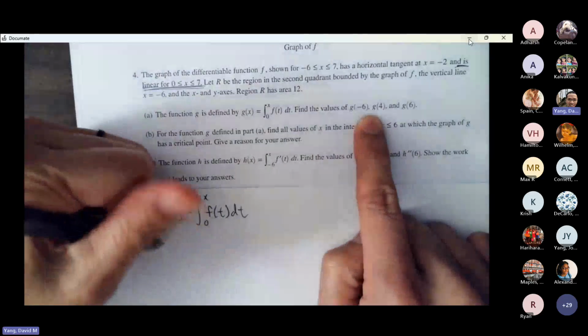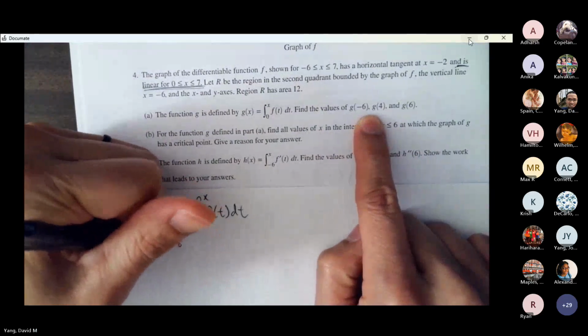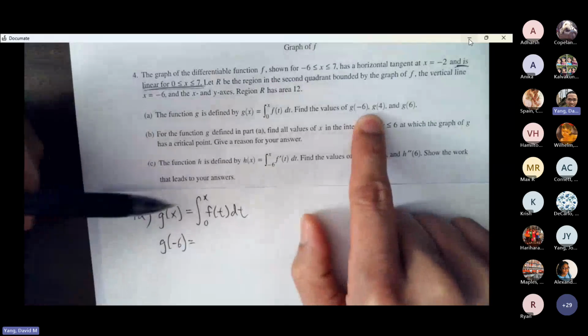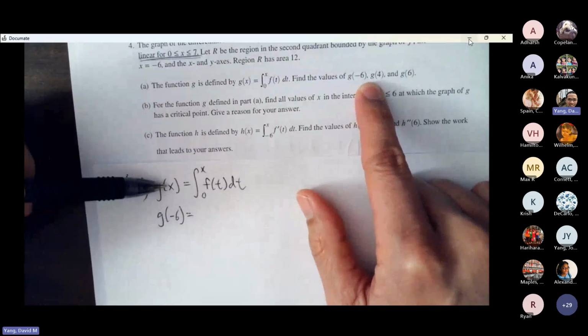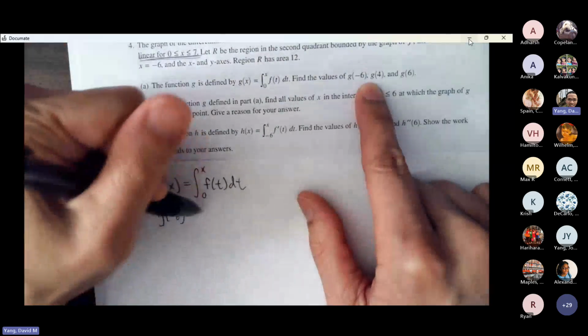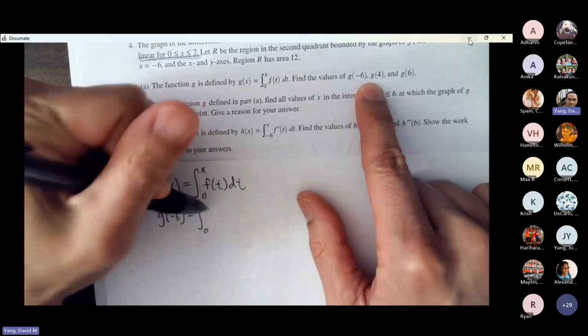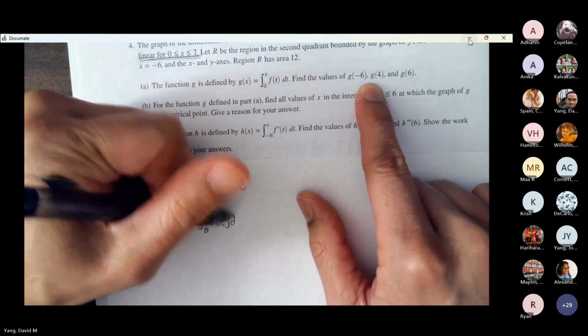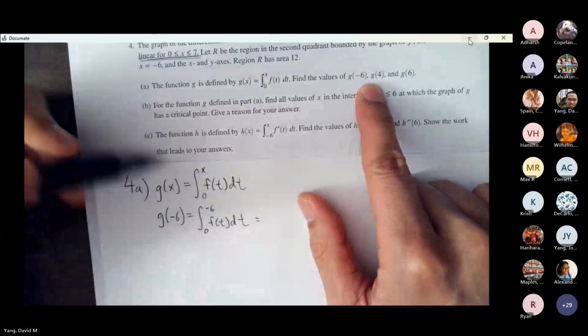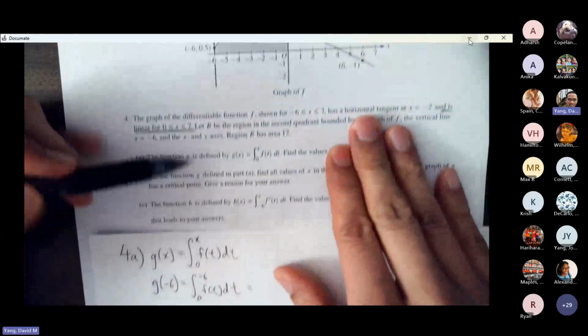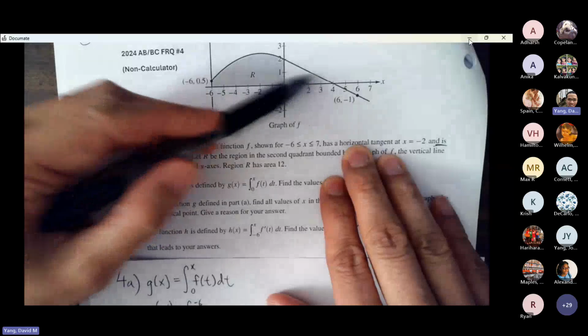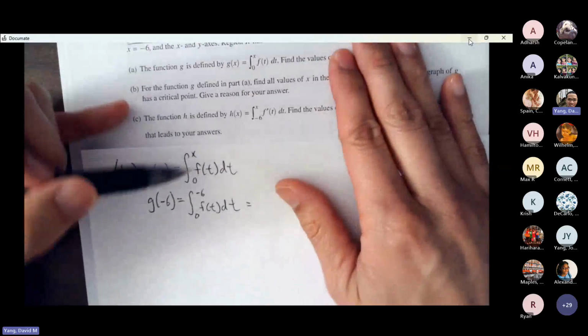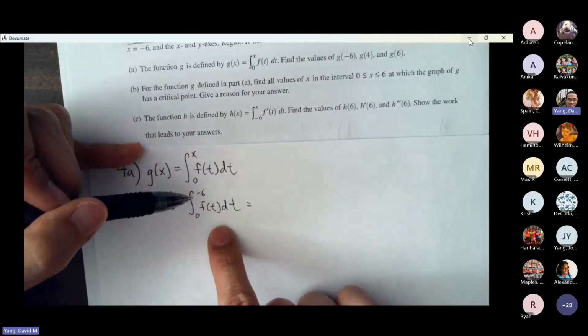Okay, g of -6 first. So I'm going to place -6 wherever the x is located. So it's going to be the upper bound. Now, I know I have to use the graph to help me accumulate displacement there, but I want to read the graph from left to right.